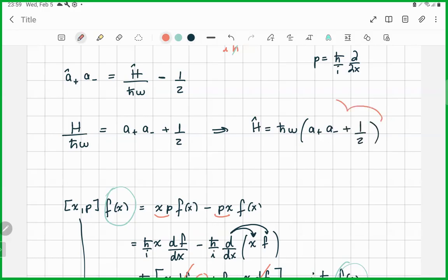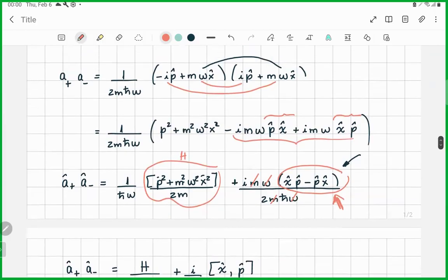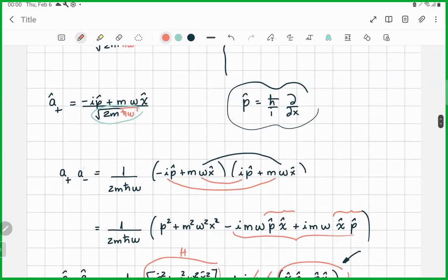That's the correct way to write the Hamiltonian in terms of these new operators that we introduced, which are the operator a plus and the operator a minus. Okay? But you should be very careful about this. The order between operators matters. And so we started our game here with this order, a plus, a minus.